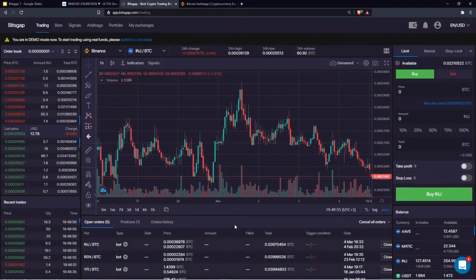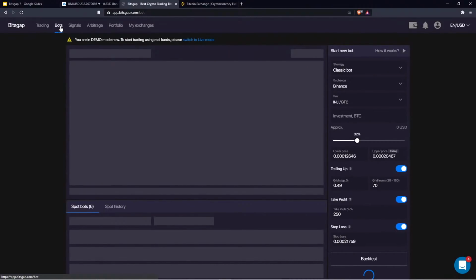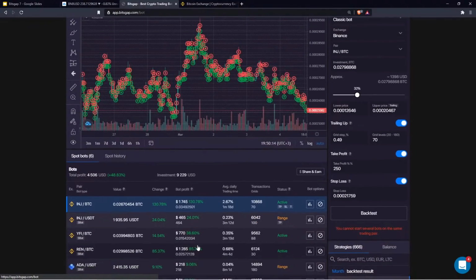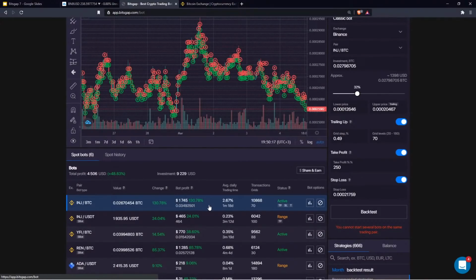So what else do we have? What if I want to change the grid number while the bot is running? Is it possible, and how? So now it's not possible, because you cannot change the configuration of things like grid amount and grid step as the bot is running already.